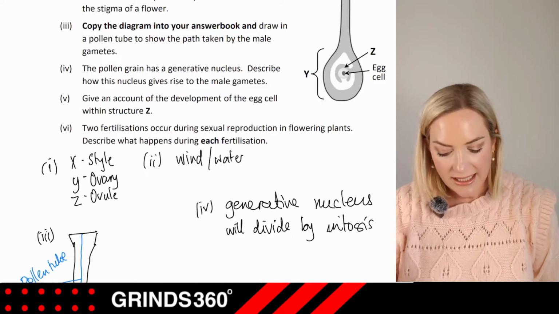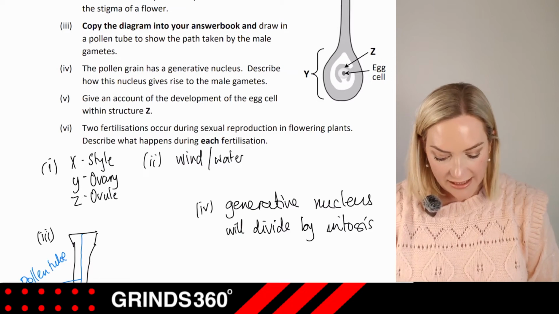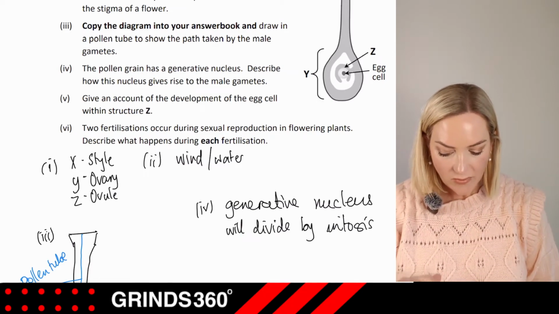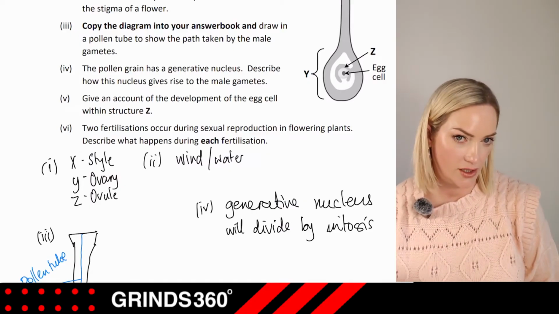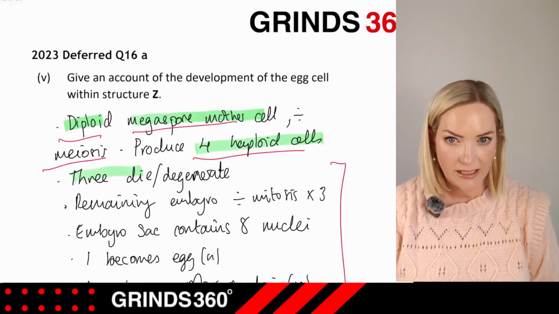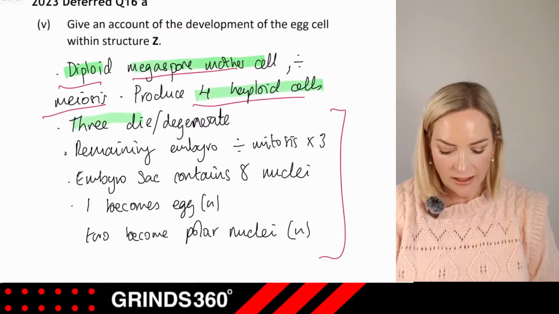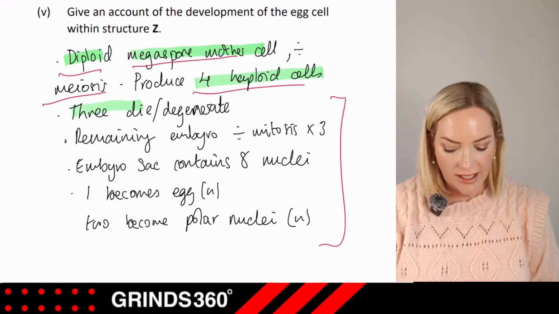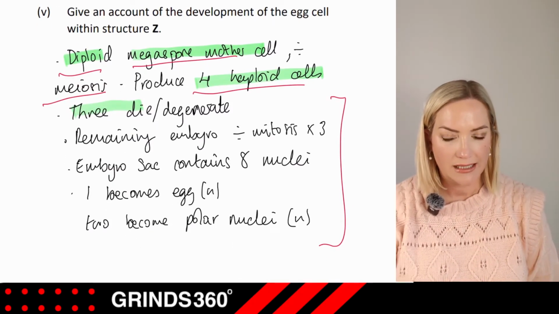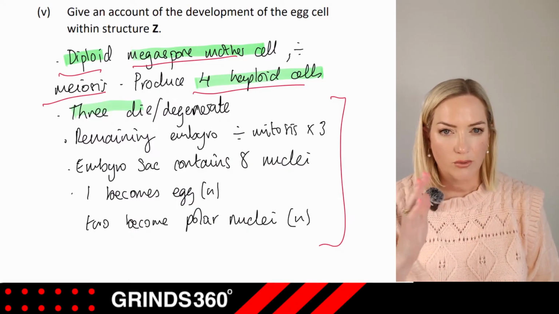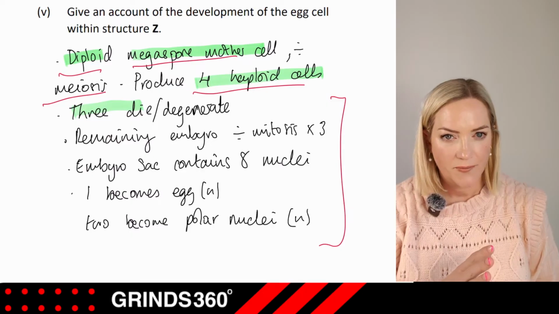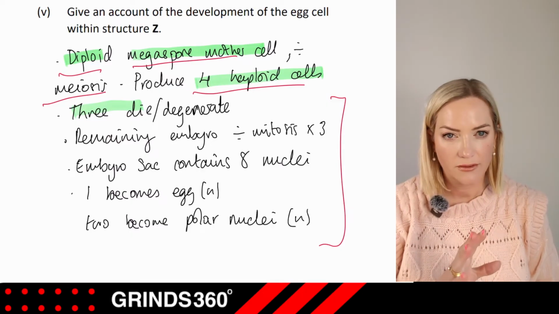Then we have: give an account of the development of the egg cell within structure Z. Now, do we need to draw a diagram? Yes, you could draw a diagram for that. So just to recap, we have our diploid megaspore mother cell divided by meiosis, produces 4 haploid cells, 3 die off.